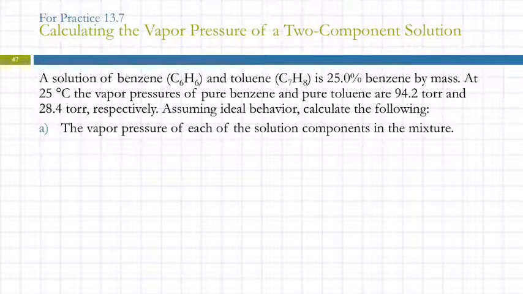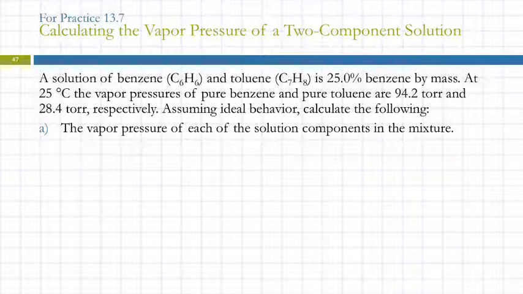Okay, so we're going to do some calculations. A solution of benzene and toluene is 25% benzene by mass. At 25 degrees Celsius, the vapor pressure of pure benzene and pure toluene are 94.2 torr and 28.4 torr, respectively. Assuming ideal behavior, calculate the following.